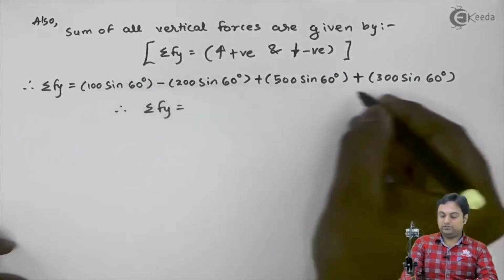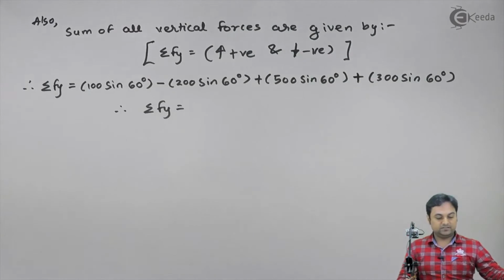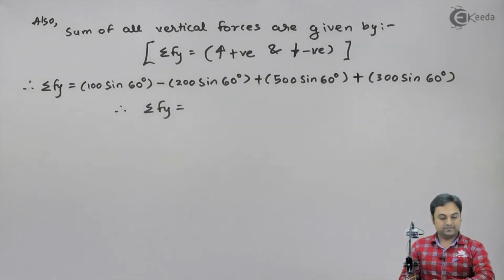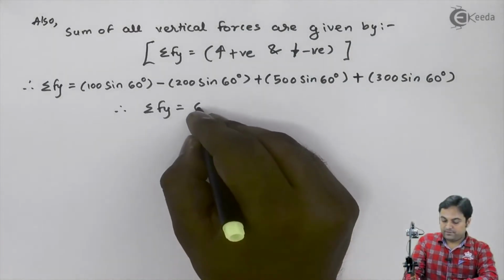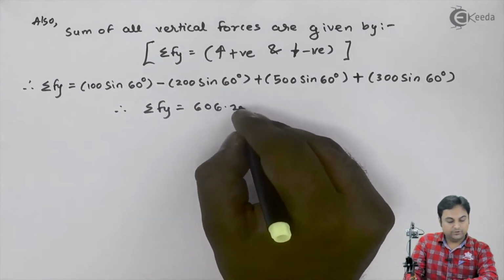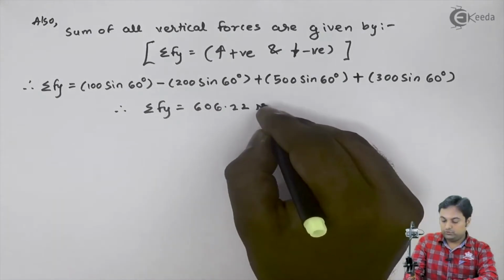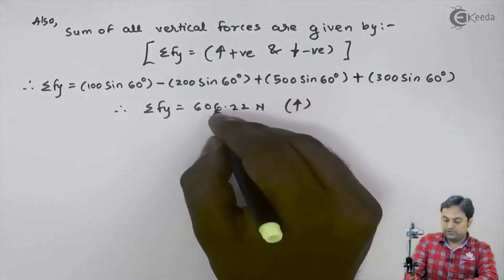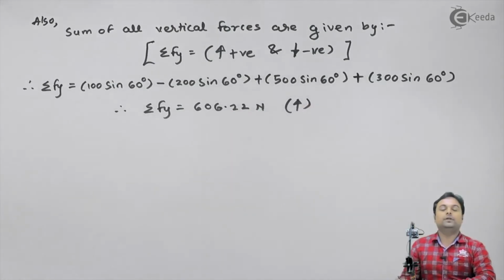Therefore, if I calculate all these values, I will be getting summation of fy as 606.22 Newton, and the answer is positive, that is why direction is upward.